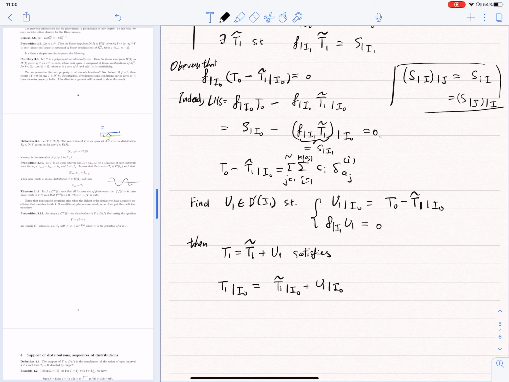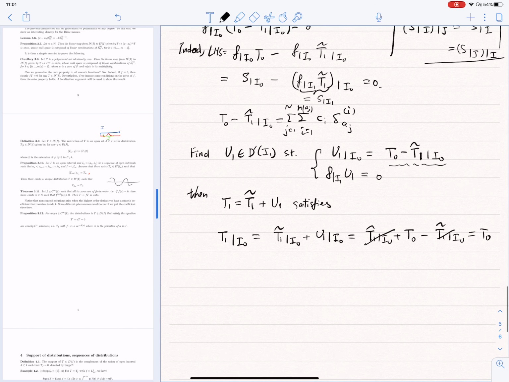And since the restriction satisfies this property, we have T1 tilde restricted to I naught plus T naught minus T1 tilde restricted to I naught. This cancels and we have T naught. Very good. So this is exactly what we want.